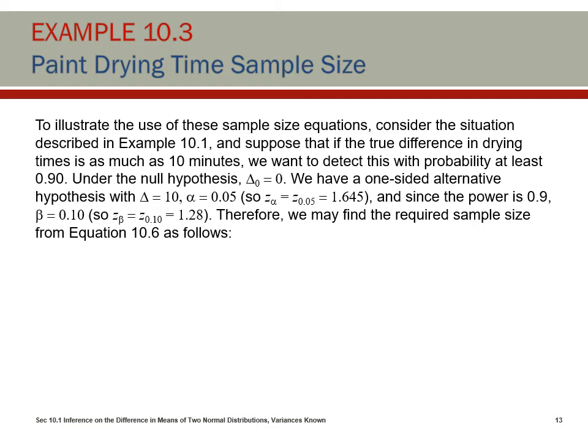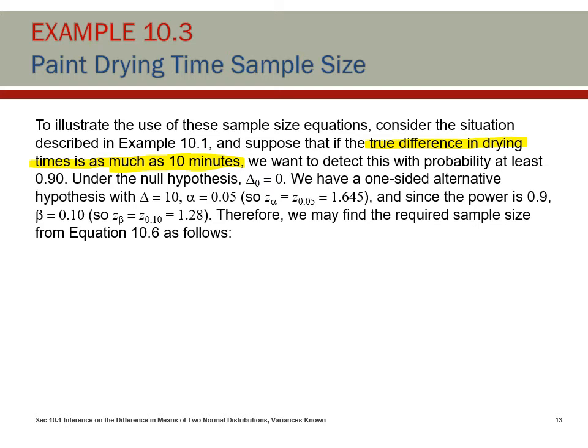All right, so consider the situation that we were just working with the true drying times being as much as 10 minutes. So instead of saying that we just want to know is one better than the other, here they're wanting to say we'd like to see the true difference in drying time to be at least 10 minutes.